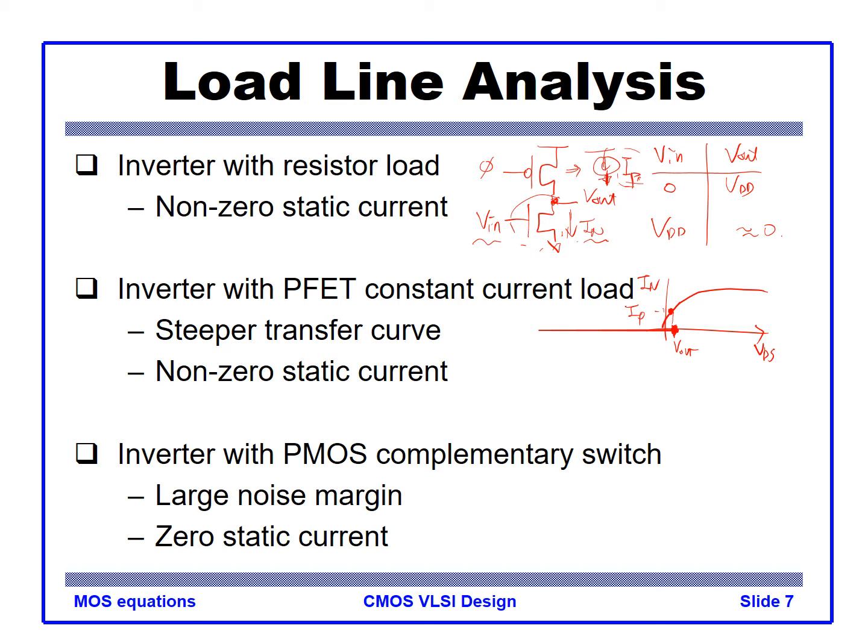When IP equals IN, the final output voltage is determined. It has a non-zero steady current, and it gets a steeper transfer curve, meaning a steep voltage transition from input to output.